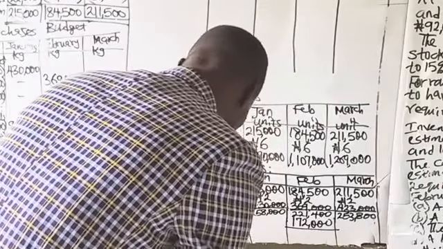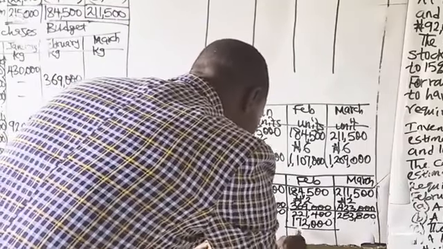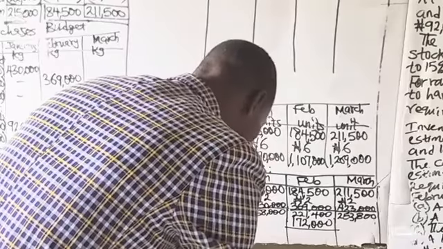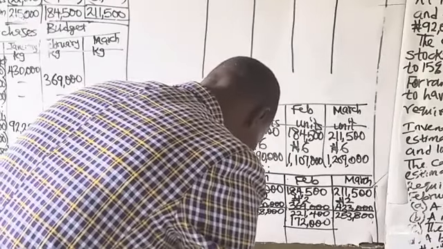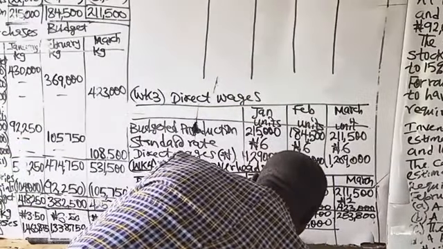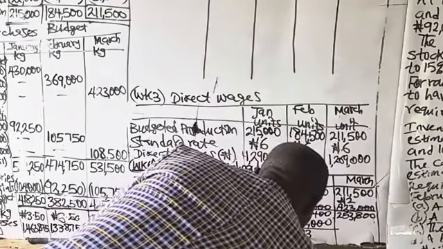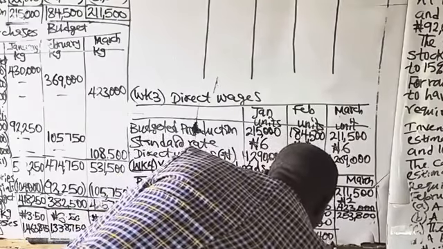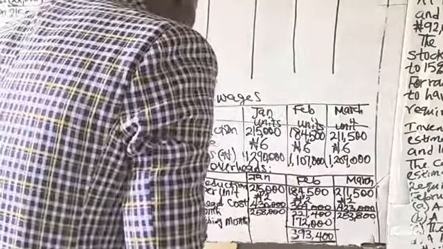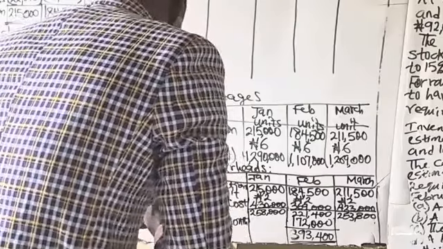Therefore, how much will be paid in the month of February? 172,000 plus 221,400. The amount that will be paid as variable overheads in the month of February is a total of 393,400. Then 40% of the variable overheads incurred in the month of February will be paid in the month of March.